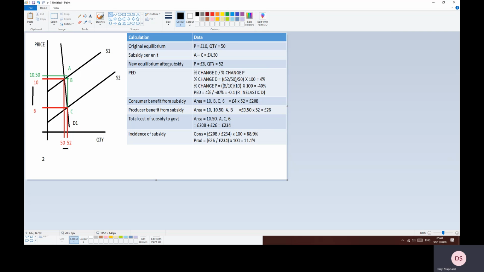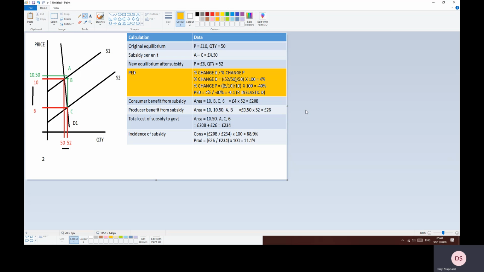So look what we've got then. Now, what I've done here, by the way, I've calculated the price elasticity just to prove that demand is price inelastic. Now look what happens to this subsidy. We've lowered the price from £10 to £6. So this is a 40% reduction in the selling price. But demand only grows from 50 to 52, which works out to be a 4% increase in demand.